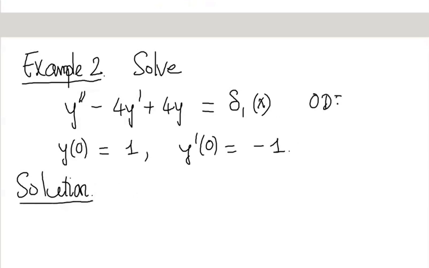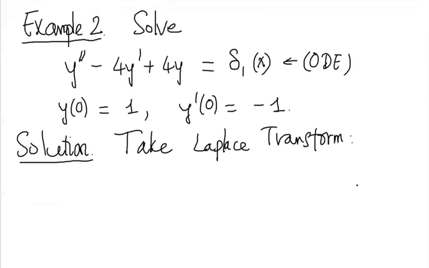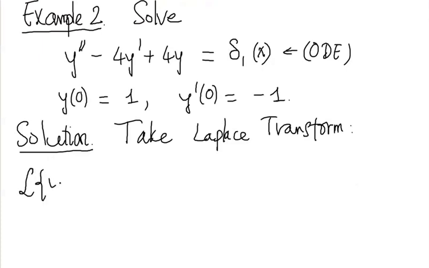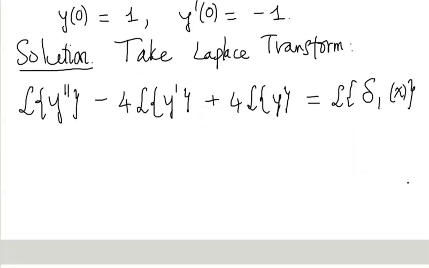As usual, you see our ODE is a non-homogeneous equation. So we take Laplace transform. We will have Laplace transform of the second derivative minus 4 Laplace transform of the first derivative plus 4 Laplace transform of y equals Laplace transform of delta 1 of x. Then we use a formula.